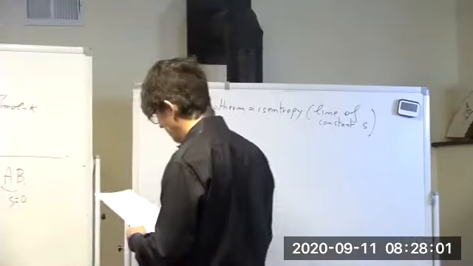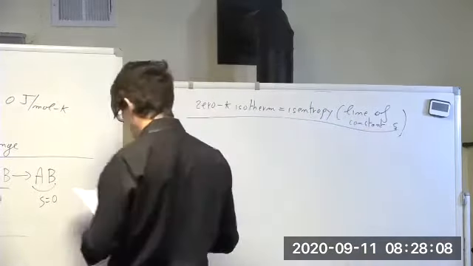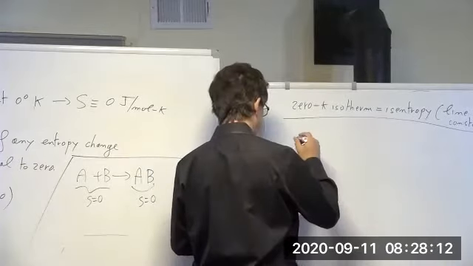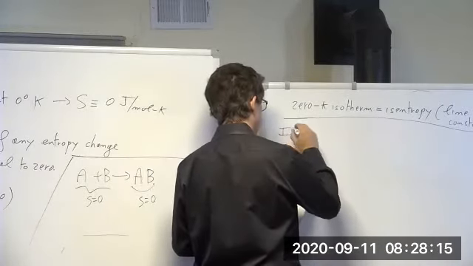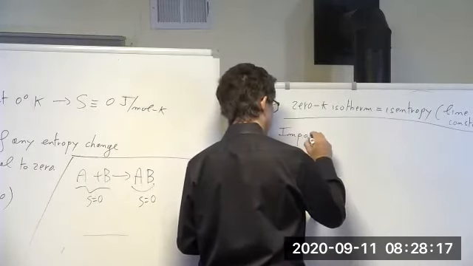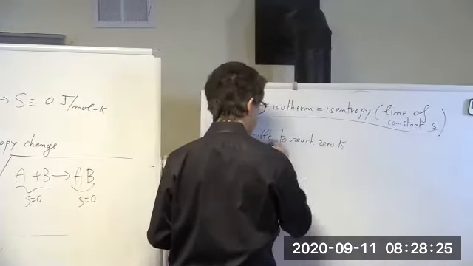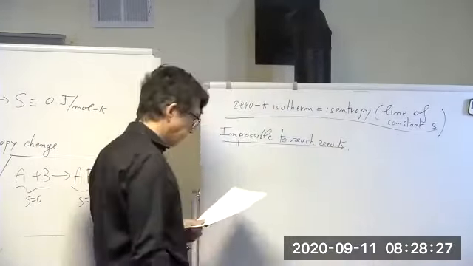But the sort of more esoteric result of this, which is the one we usually prove in thermodynamics, is that you can prove with this that it's impossible to reach 0 Kelvin. And let me walk you through an argument.